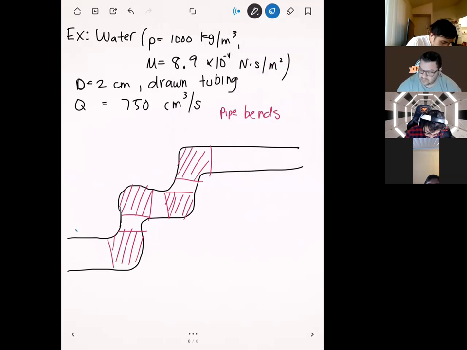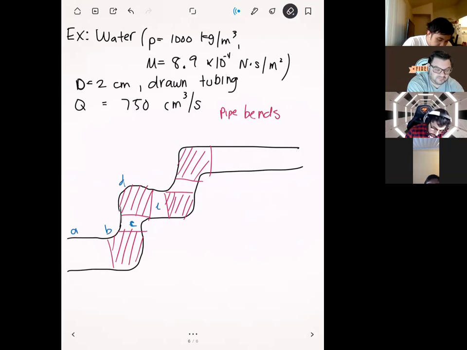Component A is going to be a straight section of pipe at the beginning. Component B is going to be this first pipe bend here. Component C will be this small section of pipe right here. Component D is going to be the second pipe bend.